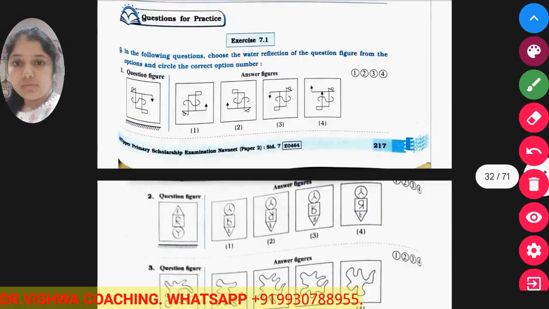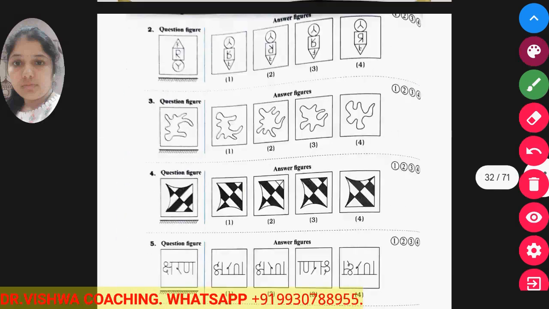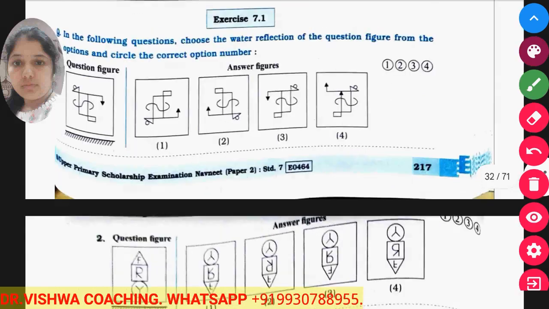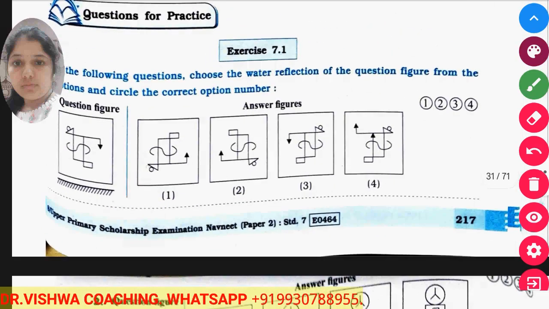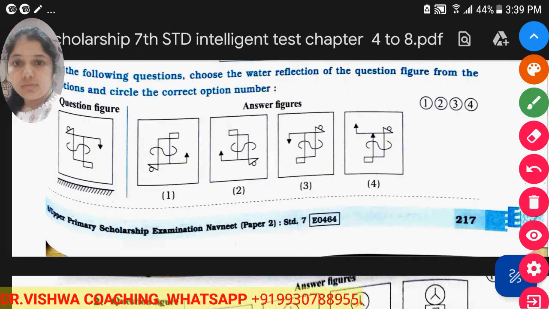We'll just take 2-3 questions and then you solve at home. You can solve because it is a very easy one. Now see 7.1. We have to find the water image of this figure. I just told you that whatever is on the upper side will come down and the downside will go up. Otherwise, whatever is on the left side will remain on the left side, and whatever is on the right side will remain on the right side.